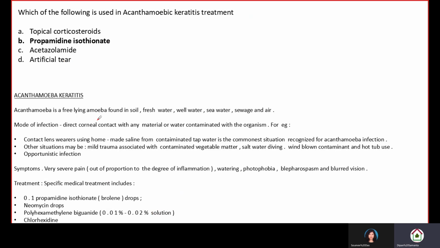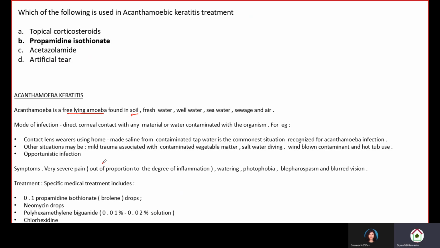Acanthamoeba is a free-living amoeba found in soil, fresh water, well water, sea water, sewage, and air. The mode of infection is direct corneal contact with any material or water contaminated with the organism.